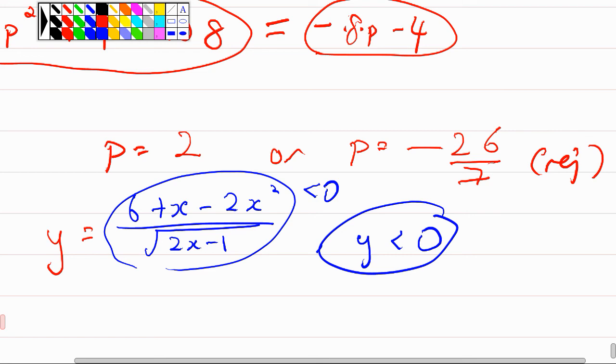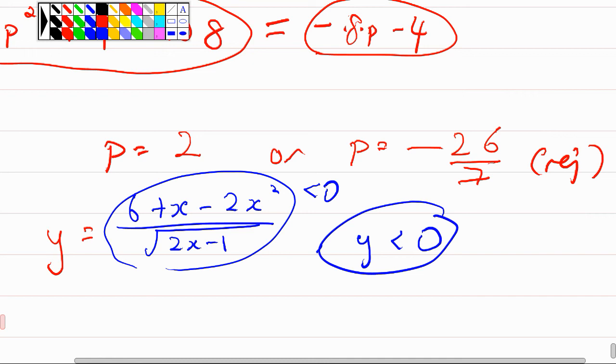Actually, the easy way is just to ignore the denominator. But let me explain why you can ignore the denominator. When you square both sides, here becomes power 4, here becomes 2x minus 1. When you square 0, still 0.